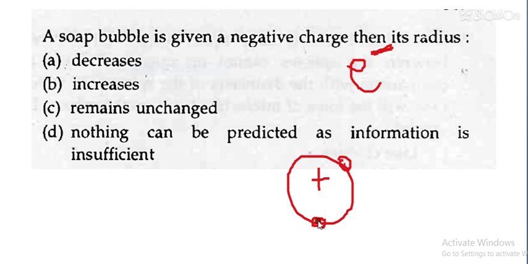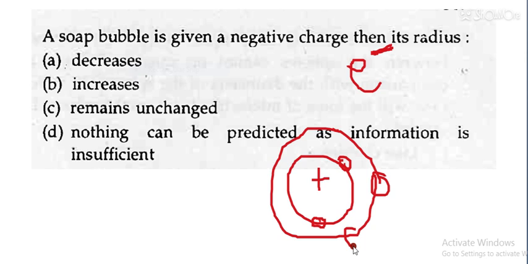Suppose it receives 2 more, then the next 2 will be in the next orbit. So what can we say, does the size change or not?